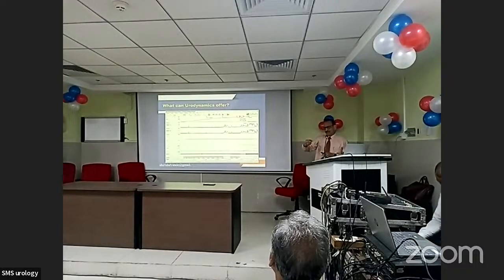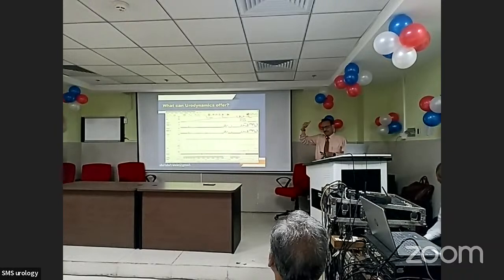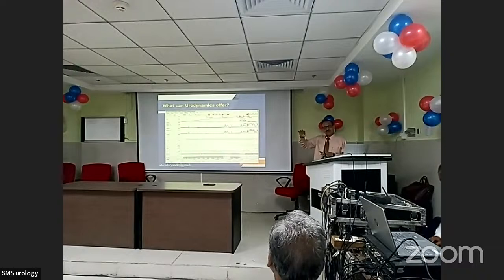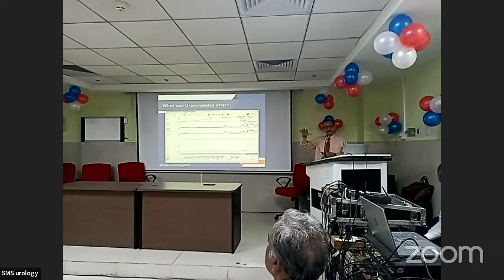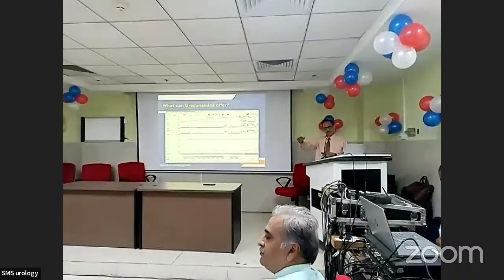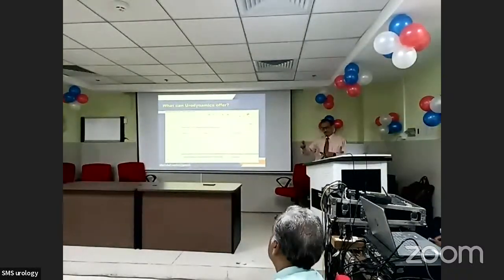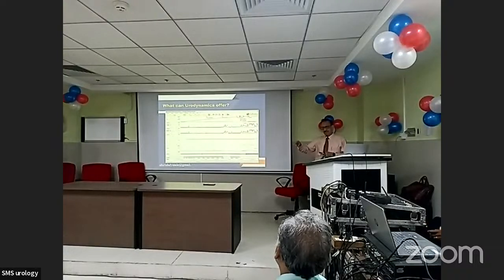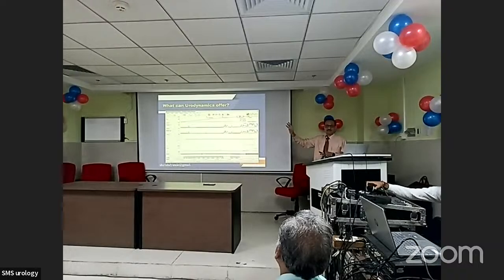But the moment the sphincter relaxes, which it does very often, suddenly the held urine starts gushing out, and that is why the pressure drops, because now the bladder has not much resistance to contract against. So pressure falls, flow takes place, pressure rises, flow stops, and that is how it goes in DSD.